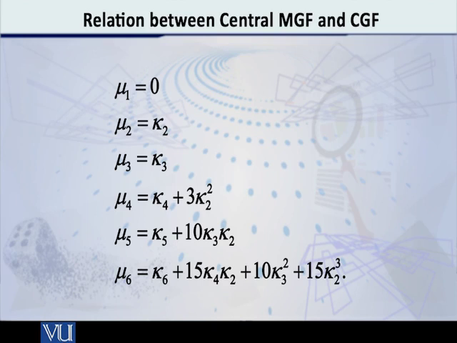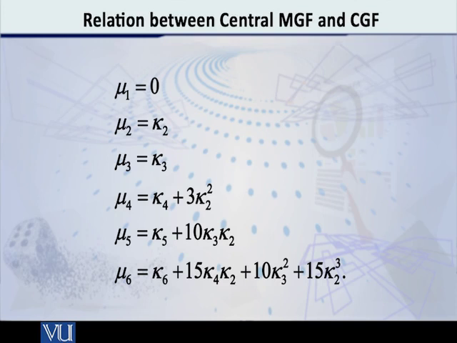Mu2, which is the second central moment, or the second moment about the mean, or the variance of the distribution, that is equal to kappa 2, the second cumulant. Mu3, the third central moment, is equal to kappa 3, the third cumulant.